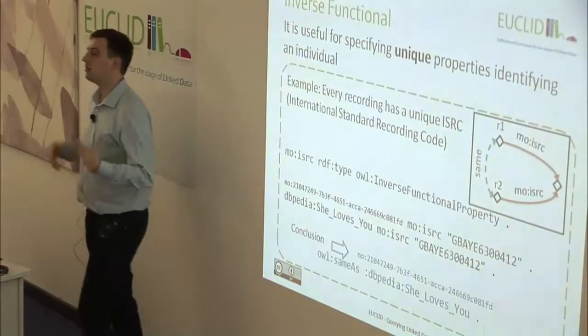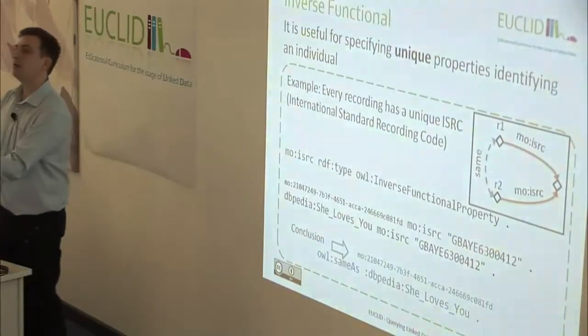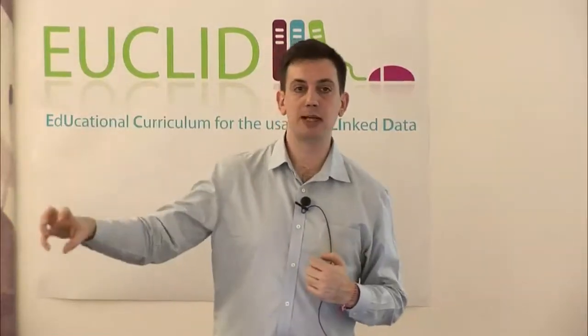Okay? So with a functional property, if you've got the same subject, the objects must be the same. With inverse functional, if you've got the same object, the subjects must be the same. Yeah? Two things with the same recording code must be the same recording.